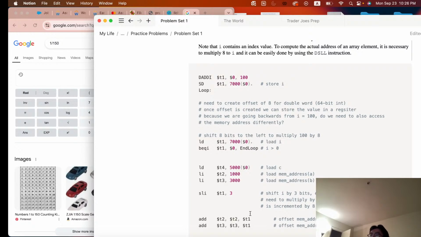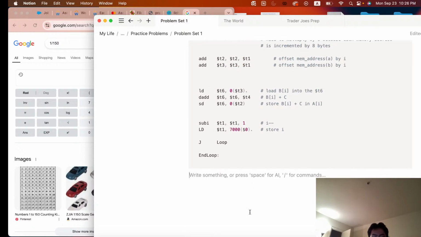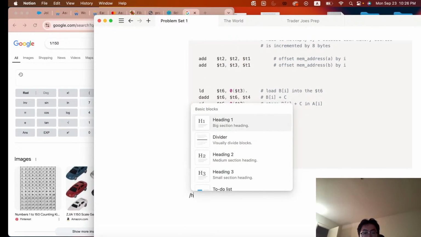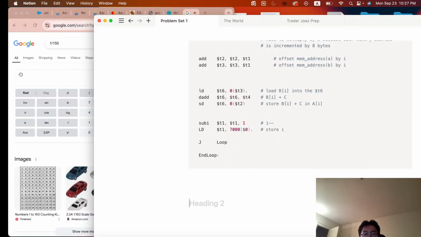So if a company has 10,000 computers, let's just see this. Okay, so heading to question 6.